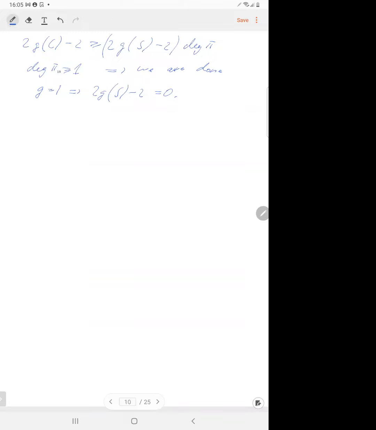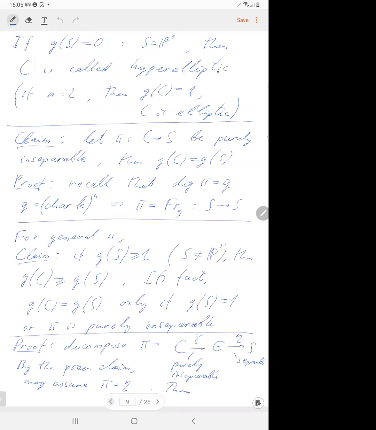No, sorry, maybe I wrote something stupid. What did I write? If the genus of the base is 0, then the genus of the cover can be also 0.